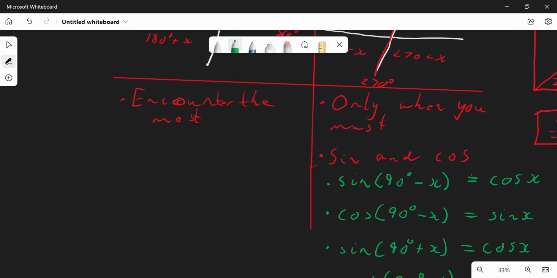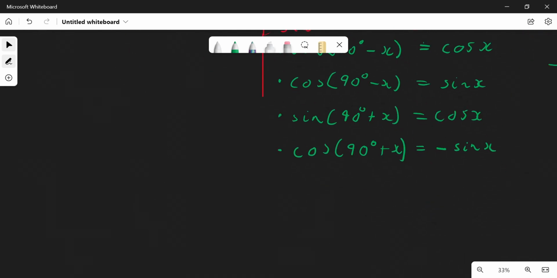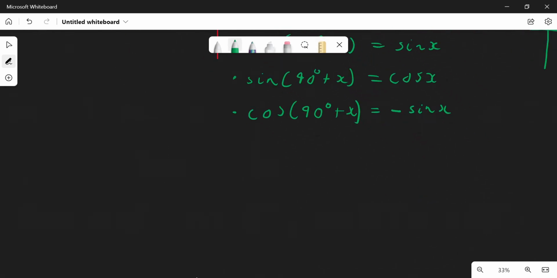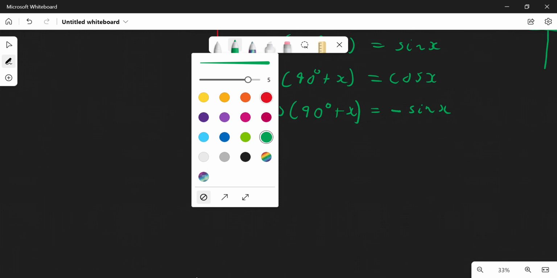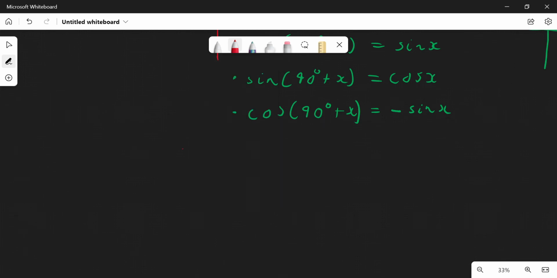So there are indeed some special cases. If I give you this question, example 1, it says I need to reduce sine of x minus 90 degrees.